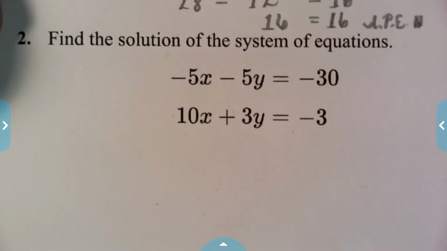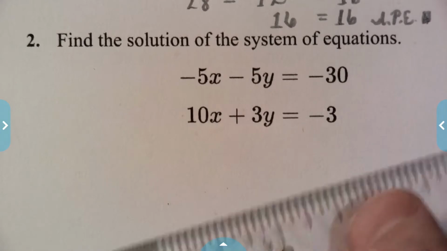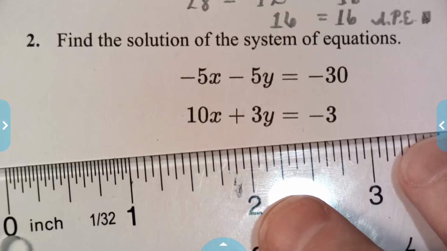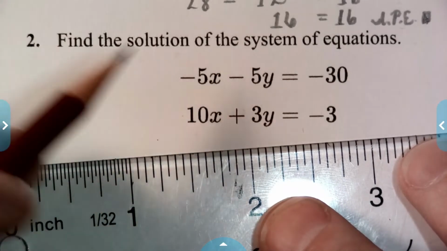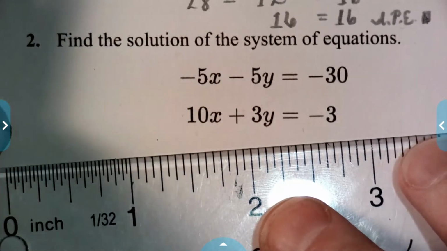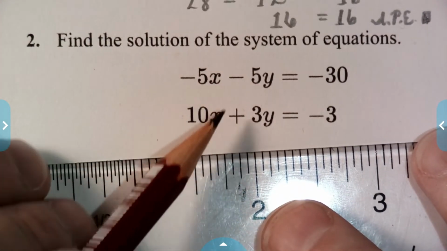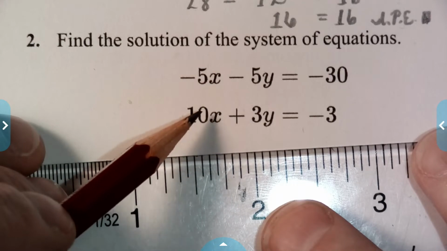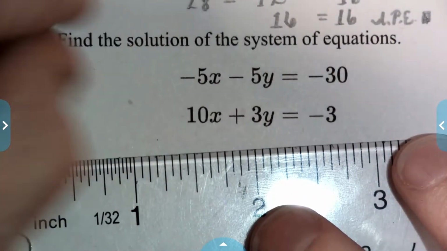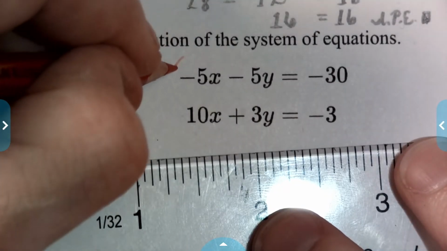Now you're going to have to learn some of the rules and some of the privileges and freedoms that you have to take with these equations. For example, you are free to multiply one of the equations by whatever number you want. That would help you. Think about what would help you here if you wanted to eliminate the x value. You could multiply, for example, the top equation by 2.